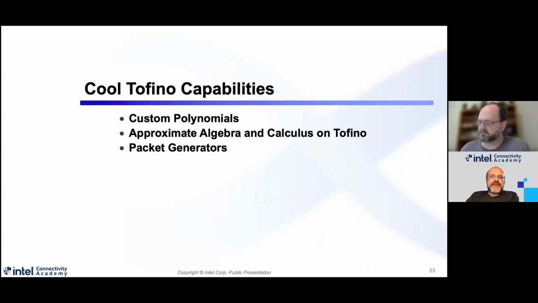Well, TNA offers a rich set of externs. Some of them, such as counters and meters and registers, are definitely quite similar to their V1 model or PSA counterparts. There are some useful extensions nevertheless, but generally they're quite similar. So what I thought I'll talk about is a couple of cool externs which are Tofino specific.